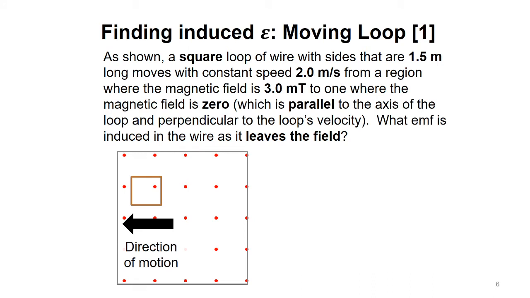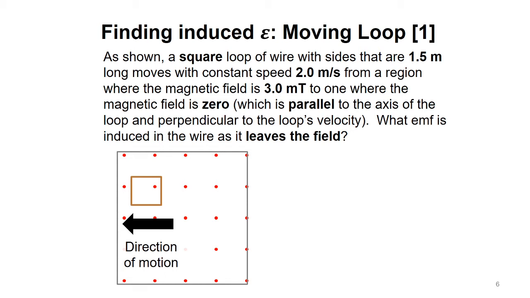Now let's look at how to find the induced EMF when a loop is entering or exiting a region, a box. We have a square loop with sides of 1.5 meters, and it's moving at a constant speed of 2 meters per second. That's the velocity, and it's moving from a region that has a magnetic field of 3 millitesla.